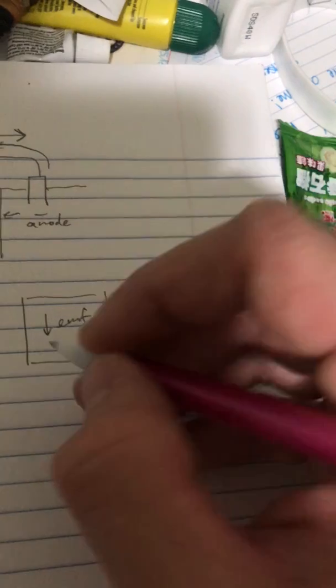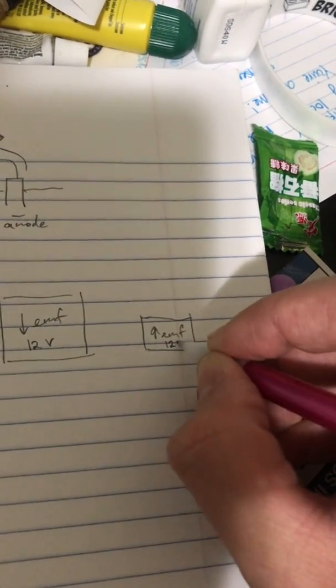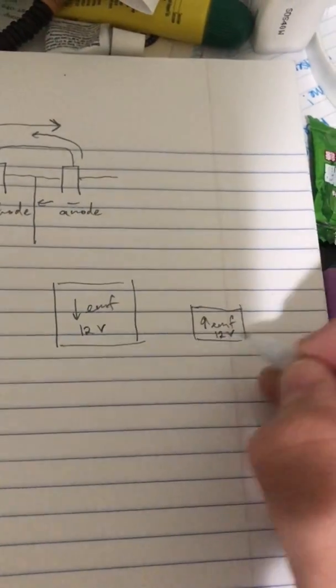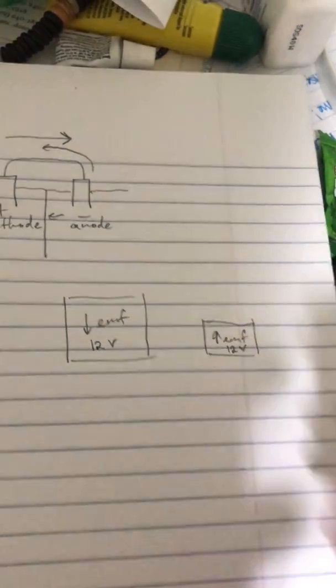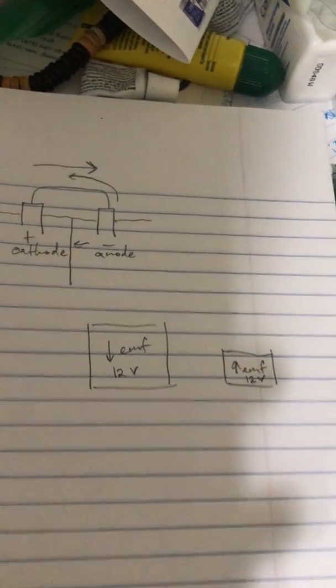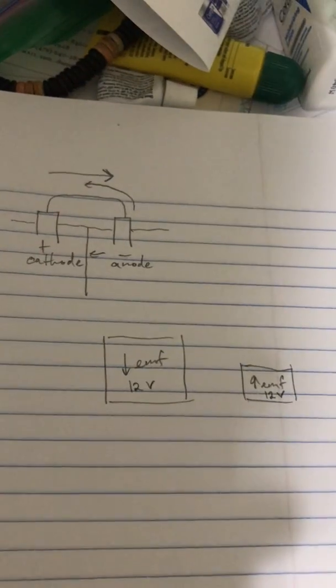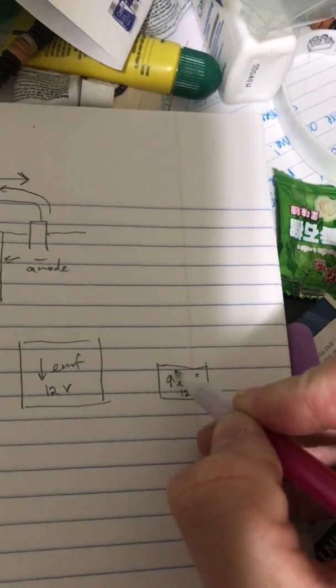So that's one of the reasons why you can get two batteries that are both, say, 12 volts, and obviously the smaller battery can't power something as powerful as the larger battery. So this could be like a motorcycle battery, and this could be something like a car battery.